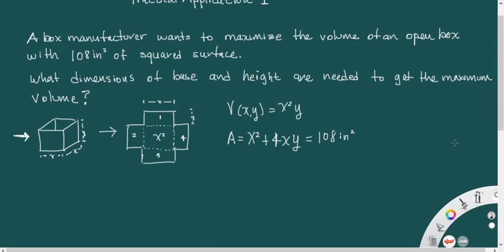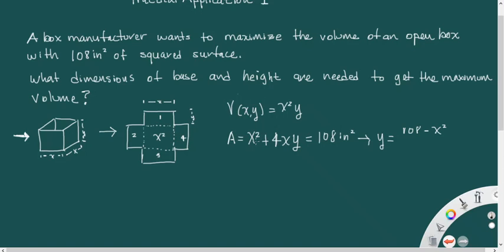Well, the next step, we need to isolate y out of this expression over here. So if we want to isolate y, let's solve this for y. This is equal to 108 minus x squared.